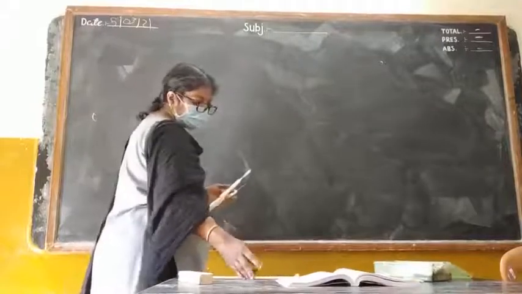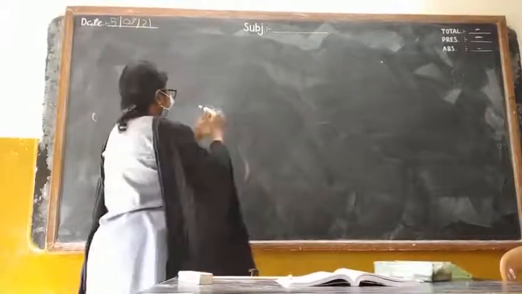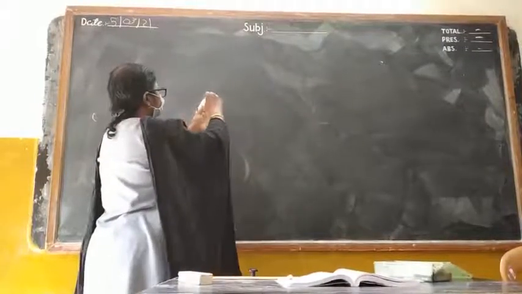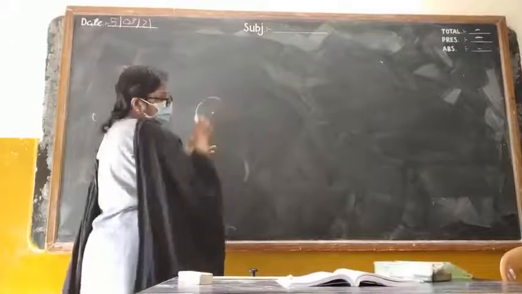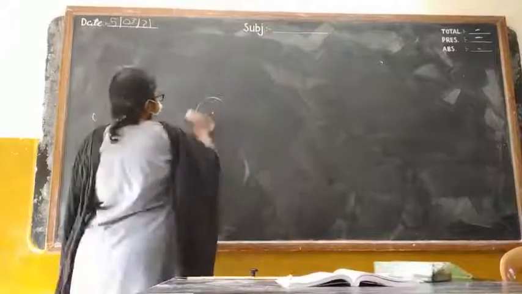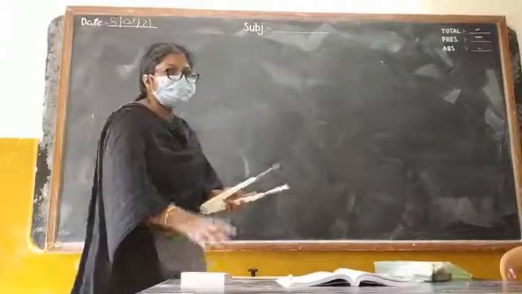So mark center. Then 3 cm will be smaller. Now I will change the measurement. Let me take 4 or 5 6.